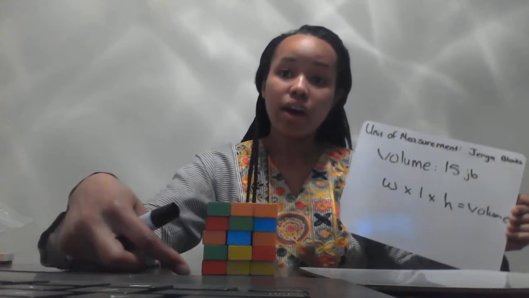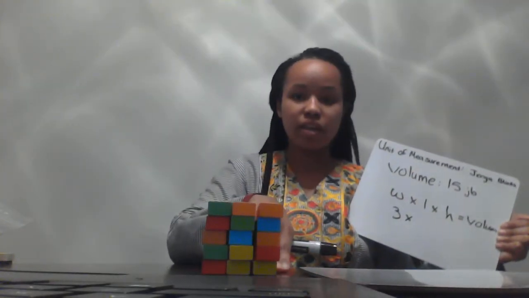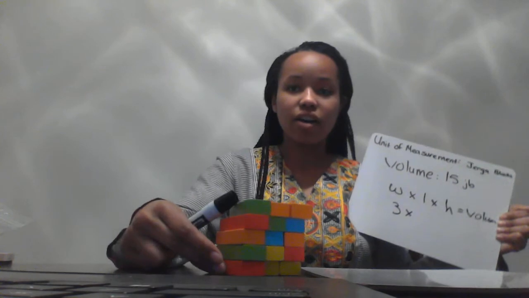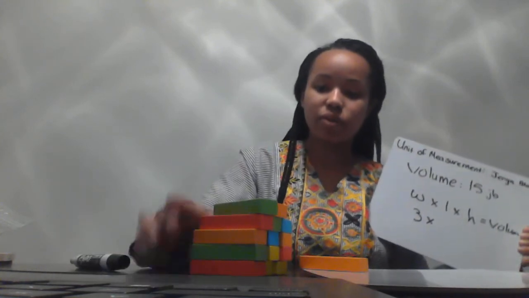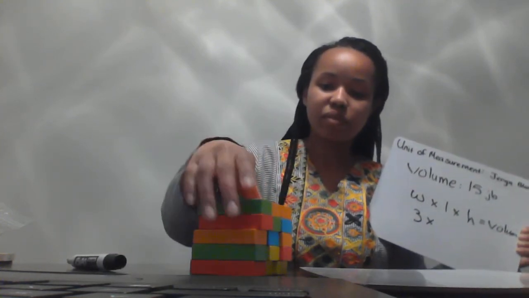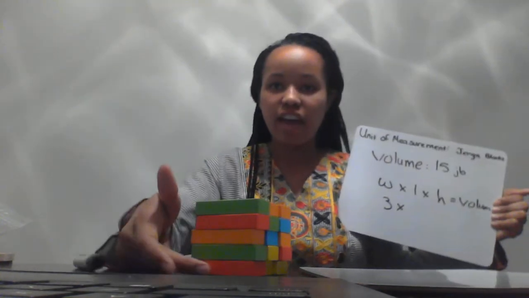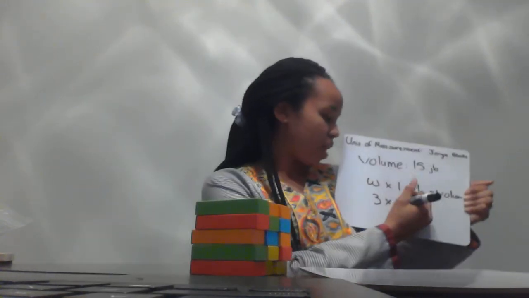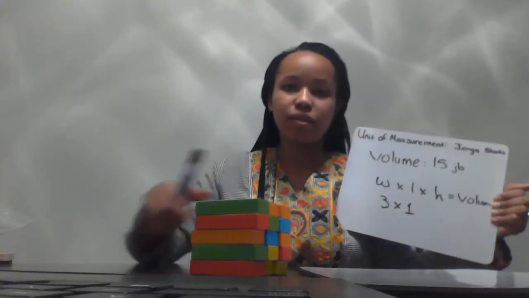Now I can plug this formula in. So when I look at the width, I have 1, 2, 3. I have 3 blocks that make up the width. When I look at the length, let me turn this a bit more slowly, I have 1 block that makes up the length.